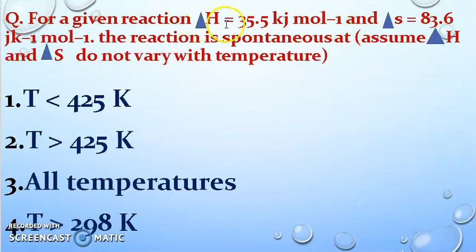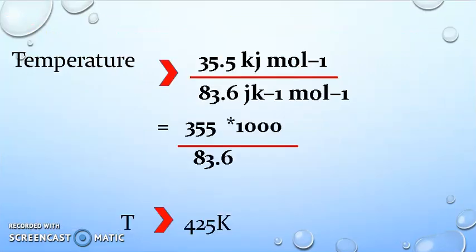See this question, del H is 35.5 kJ mole power minus 1, del S is 83.6 J K power minus 1 mole power minus 1. So we have to substitute the values here. If you substitute the values, you will get 35.5 divided by 83.6. We have to convert kilojoule into joule, so I have to multiply it by 1000 here.